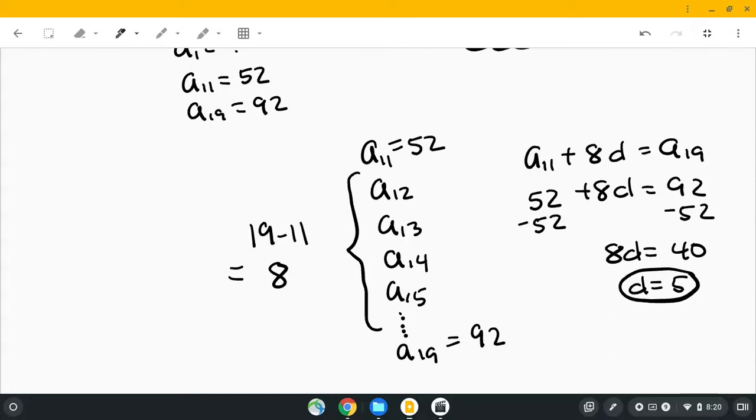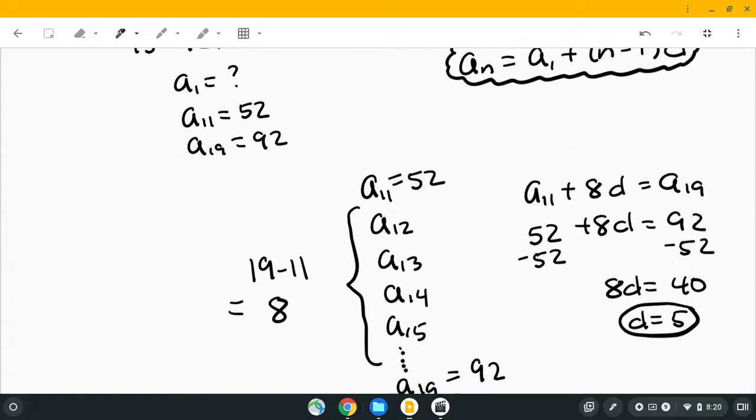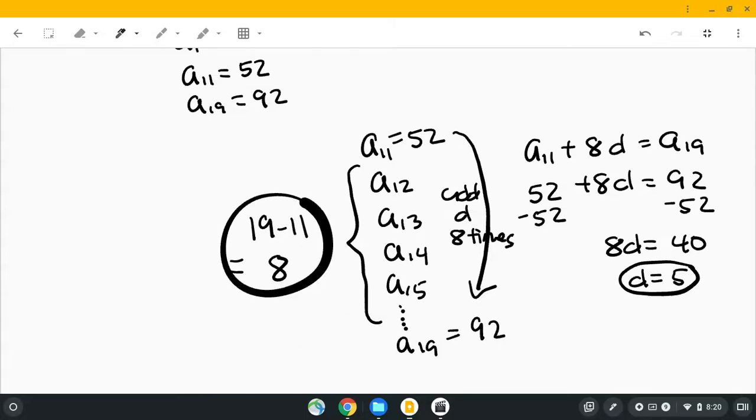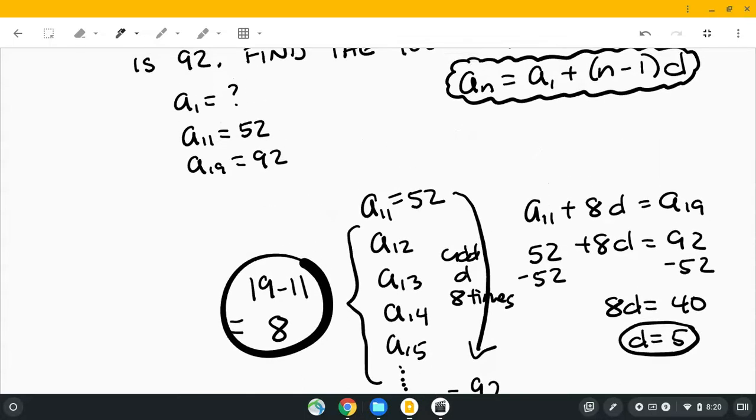So I have part of my formula. And then I use the same logic that I did here to go from here to here: I add D 8 times. I got that 8 from here. We still need A1, so now I'm going to work backwards. Here's A1, and to get to A11, I had to add D 10 times.